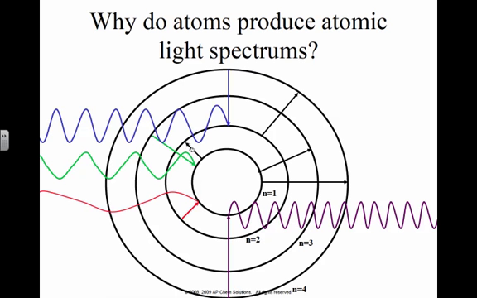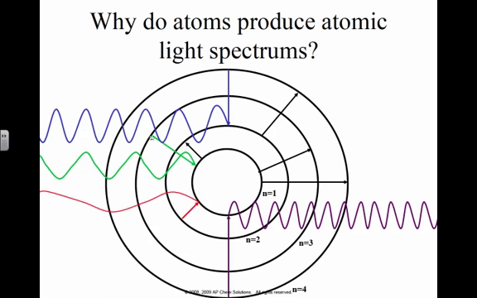It jumps back down. When it jumps back down, it's going to release a certain amount of energy. Here's the one from first energy level to second energy level. It doesn't take that much energy to go from the first energy level to the second, so that low amount of energy is going to result in a low frequency, which in turn is going to result in a large wavelength.